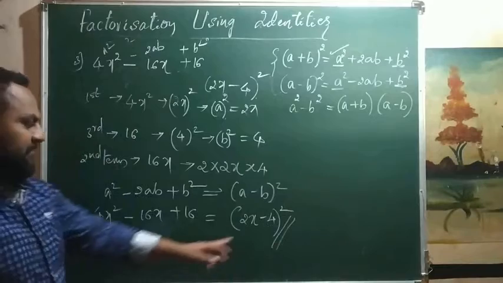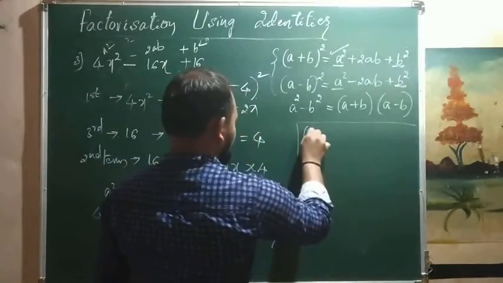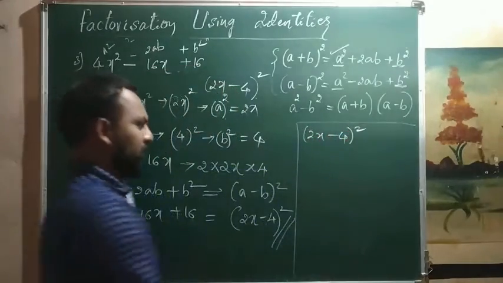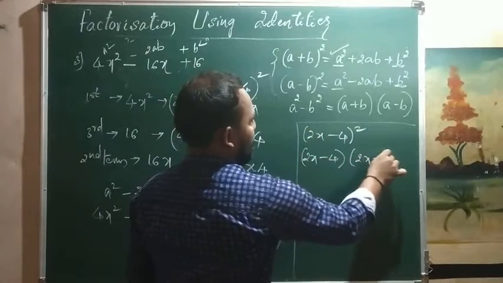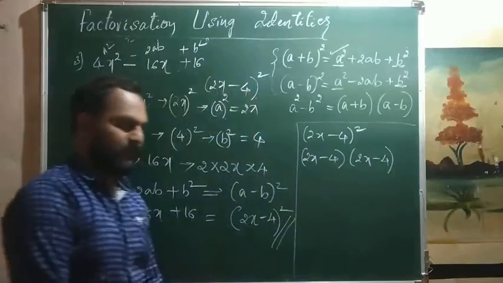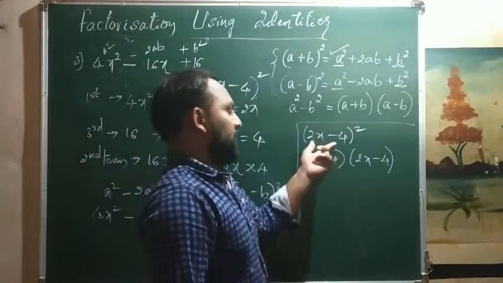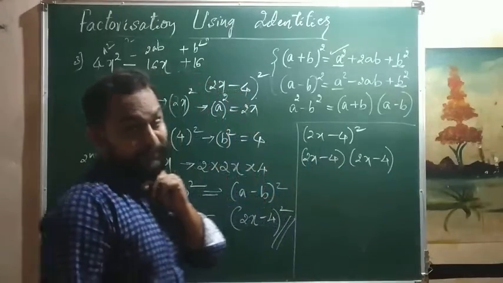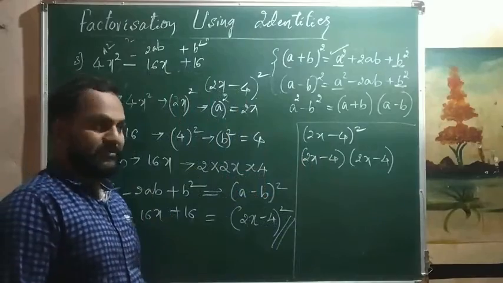Okay. The next, how can we write this? Repeat answer. Here 2x minus 4 square means 2x minus 4 times 2x minus 4. Here a square, first identity, a raised to m into a raised to n is a raised to m plus n.